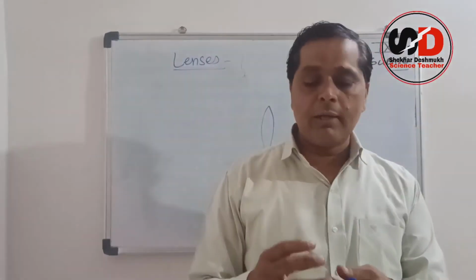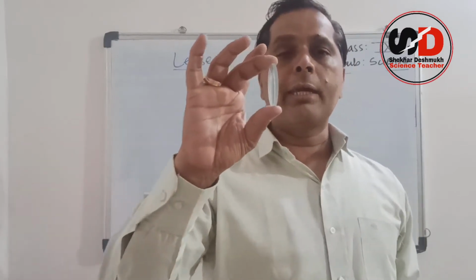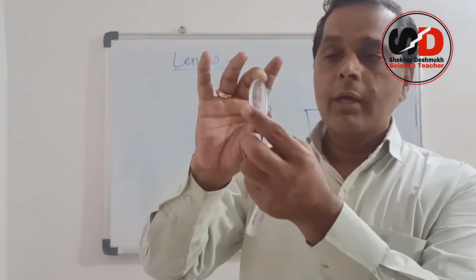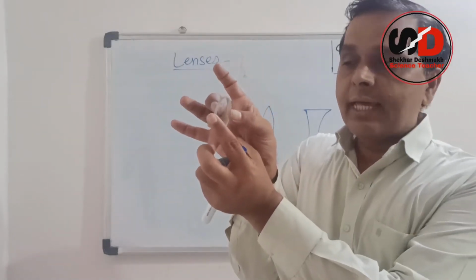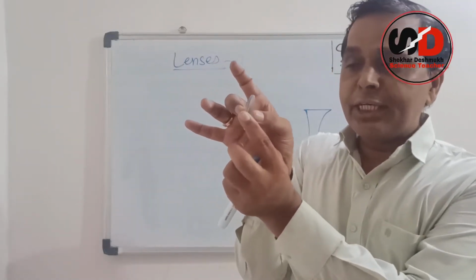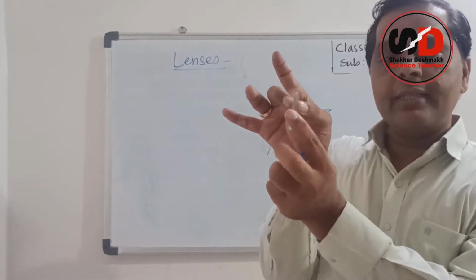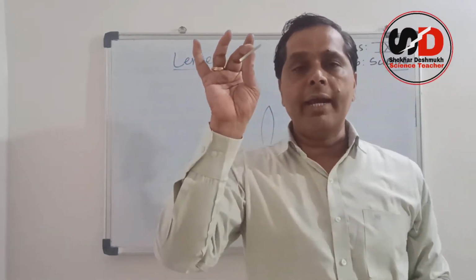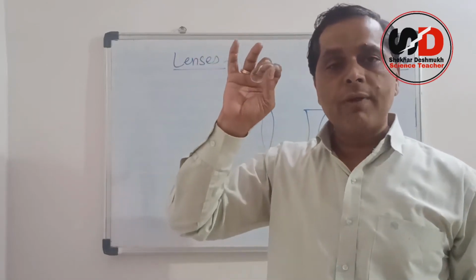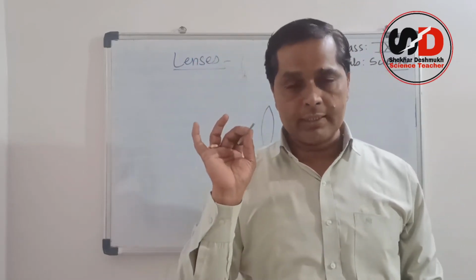I have one concave lens here. It is thicker at the edges than the center, that means thinner at the center and thicker at the edges. Just by keeping it on our hand, we can easily say whether it is a convex or concave lens.